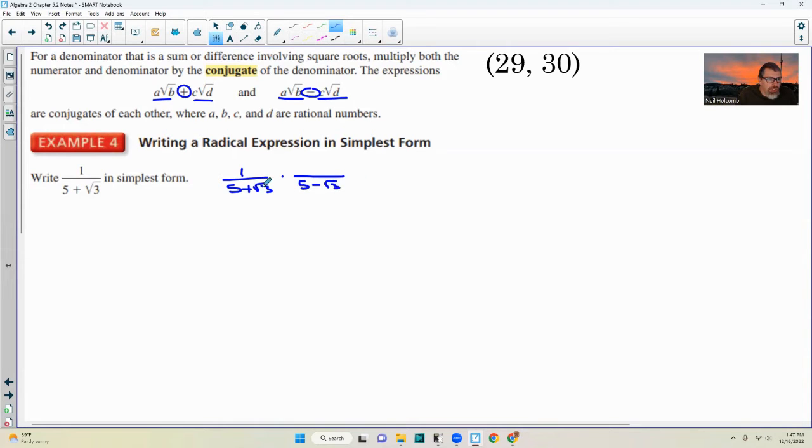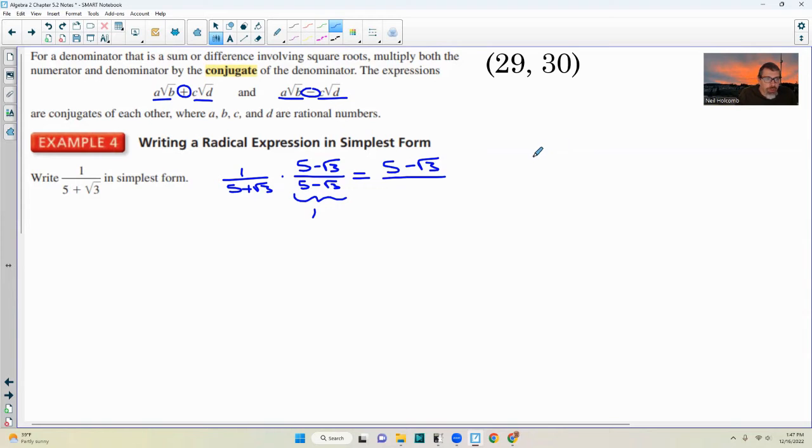The only thing that changes is the sign in between. And you put that in the numerator as well, because anything divided by itself is 1, so this times 1 does not change its value. So 1 times 5 minus root 3 is 5 minus the square root of 3. And here's where you need to be careful.